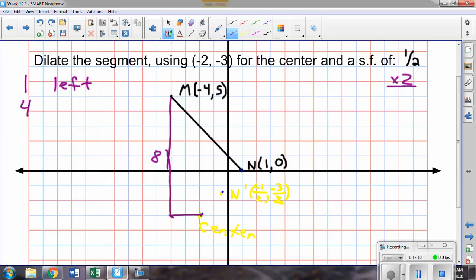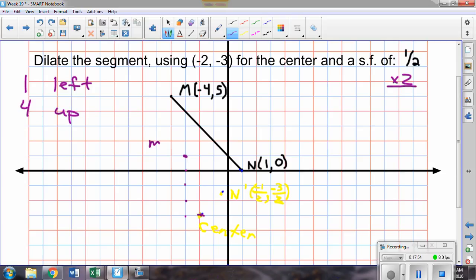Looking at those 2 gaps and resizing them, we should be able to identify that the new point, the image of M under this dilation, is going to be 1 to the left of the center and up 4 from the center. Thus, all we have to do is to count 1 to the left, 1, 2, 3, up 4. And that's where our point got moved.